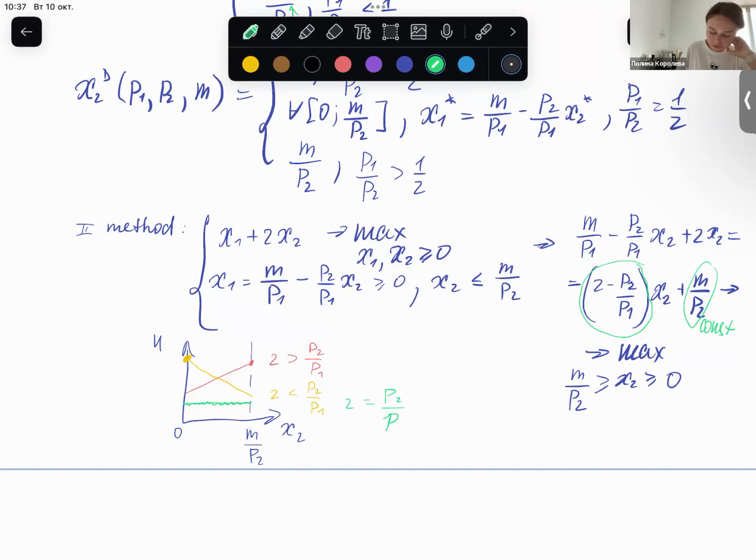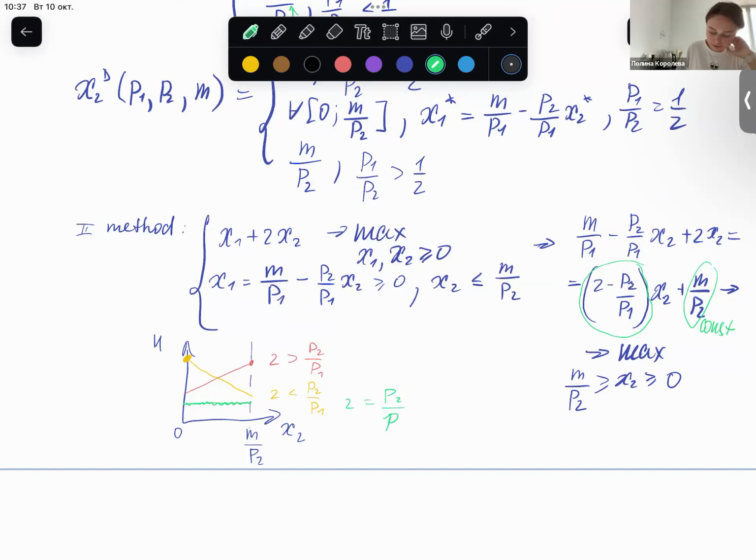Now let us consider the polar situation. We will speak about perfect complements, the function of minimum. Minimum from x1 to x2.